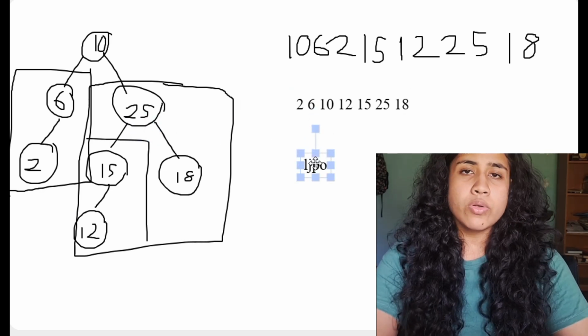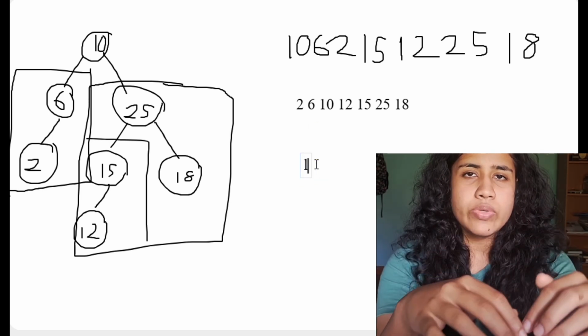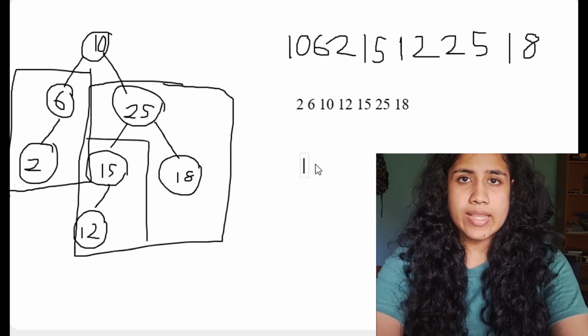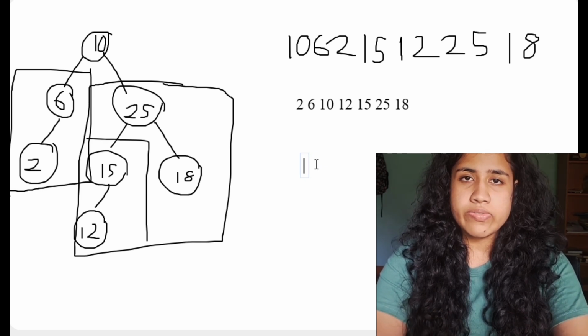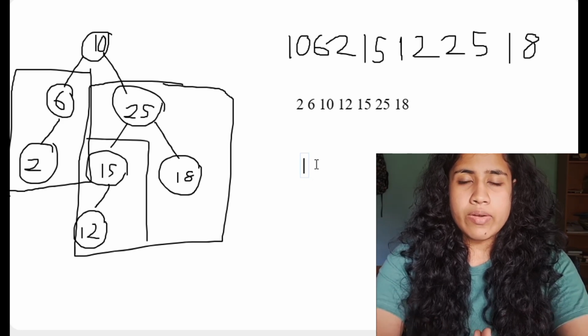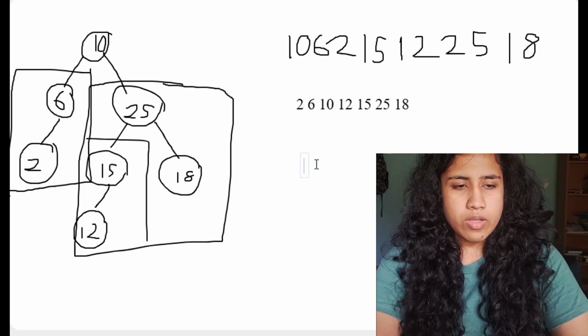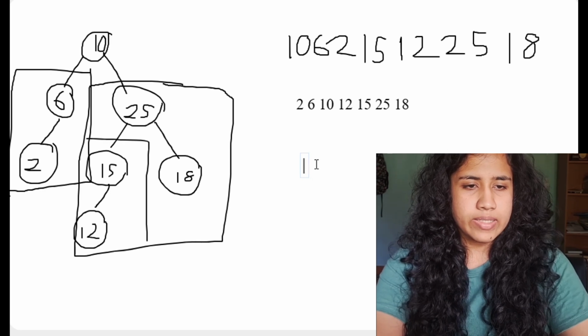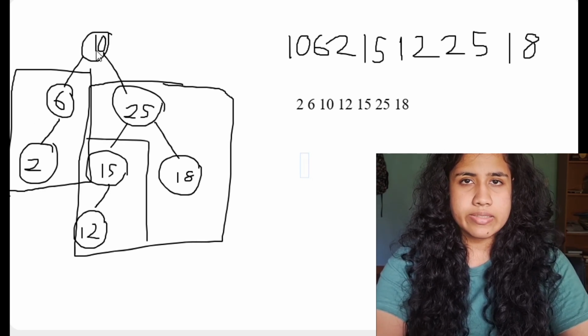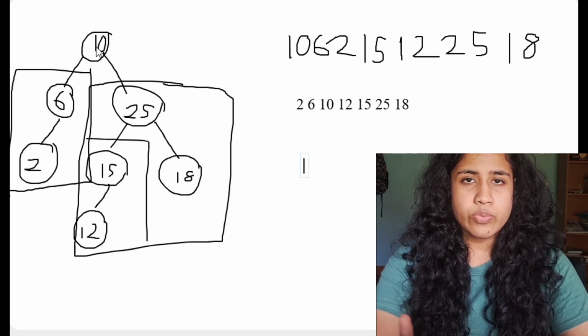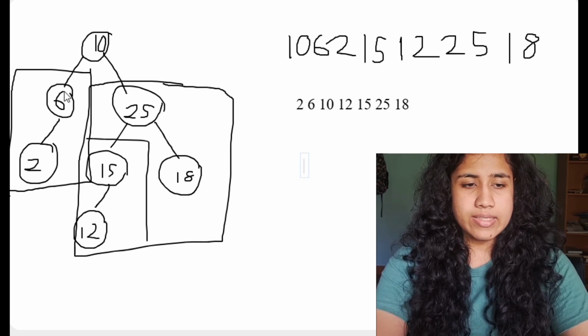For the post-order traversal, first we write the left child, then the right child of the tree, and after that the root node. So starting from here, 10 is the root node, then we go to 6, since we have to get the left child.